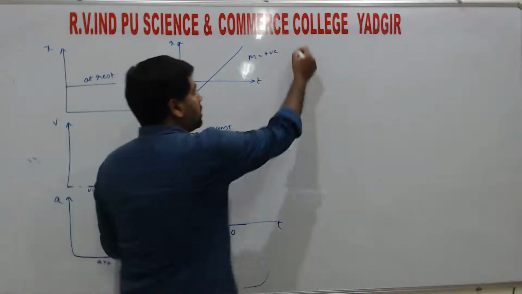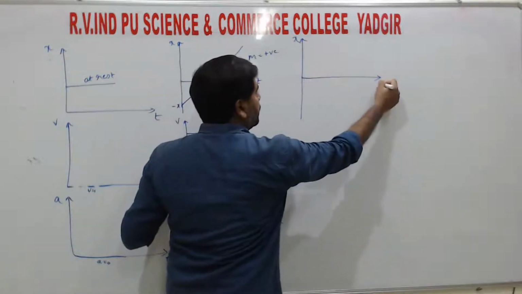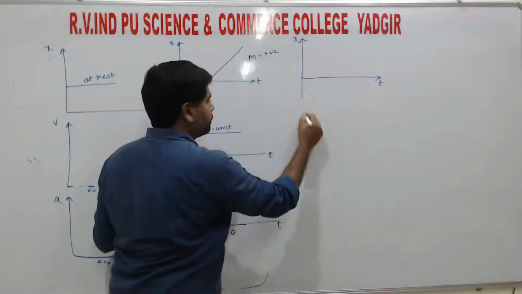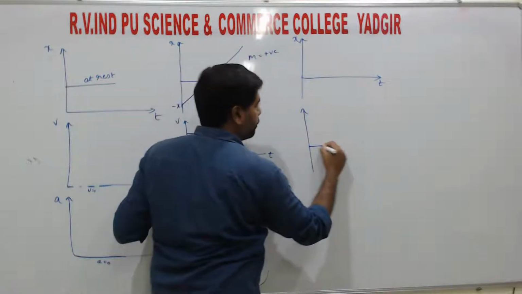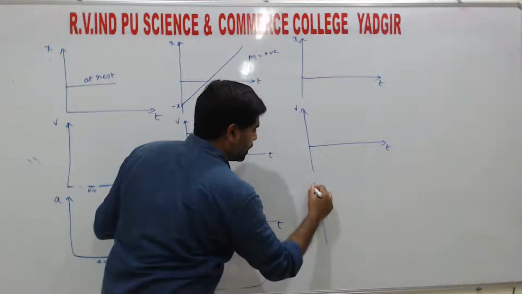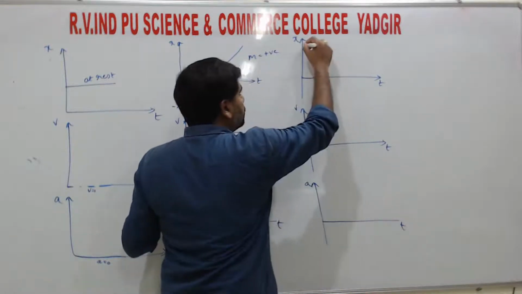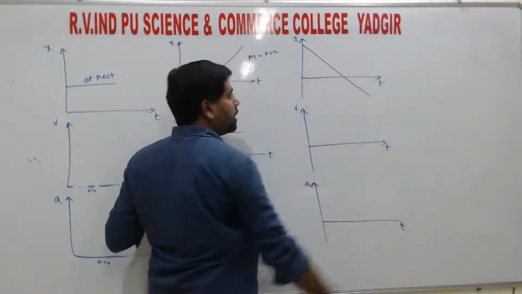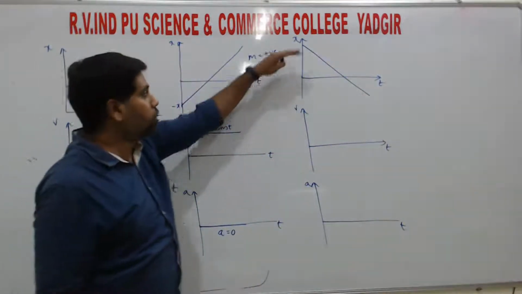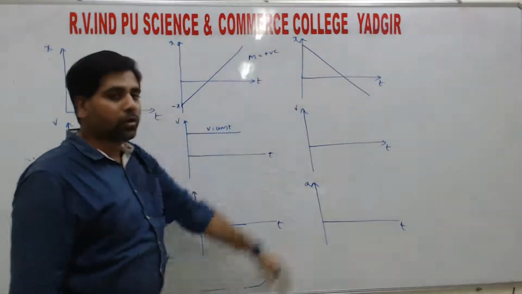So next, third one, xt, vt, and again a. So the object starts from positive and ends at negative. That means positive axis to negative axis. Displacement changes from positive value to negative value.